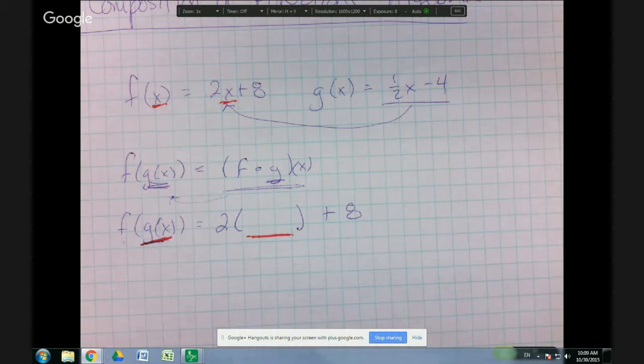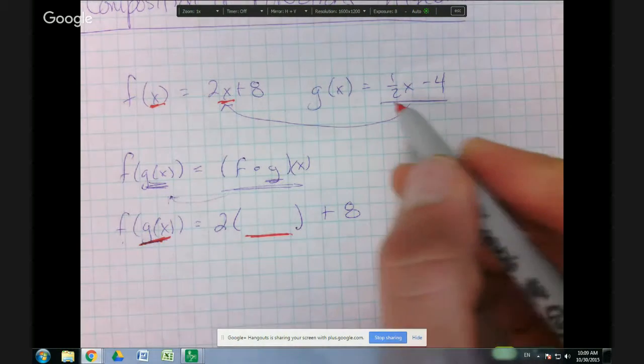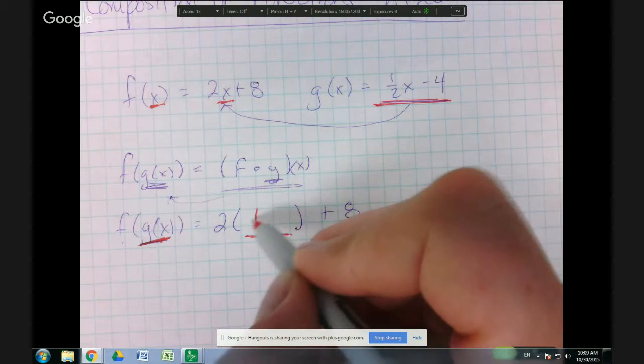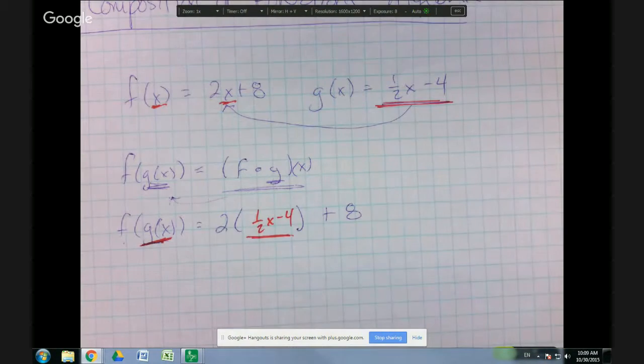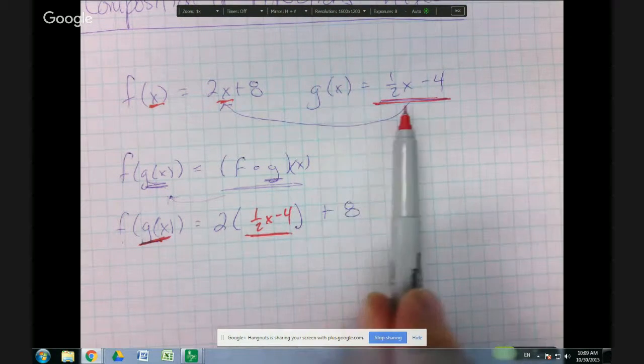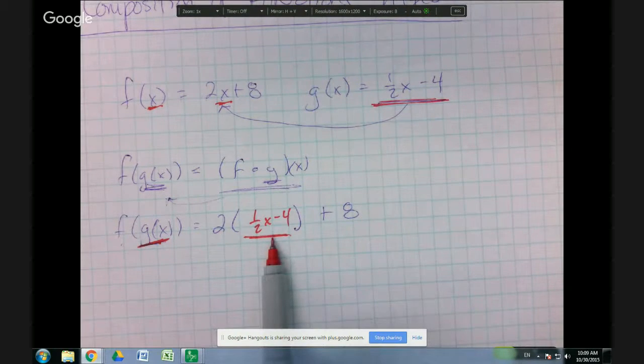All right, so you're basically putting it in for every x. This item goes right here. All it is is a substitution. You're plugging something in. It just still has a variable in it. So I'm putting g of x inside of f of x.